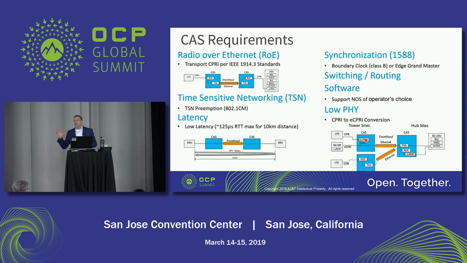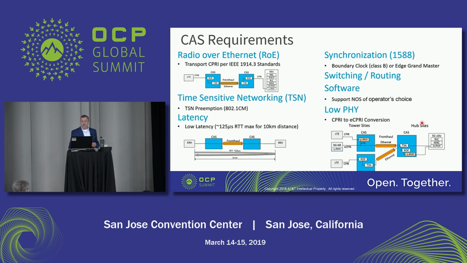Now, bandwidth reduction is great, but one of the other benefits that we see of doing the lo-fi, it allows us to consolidate, unify our BBU architecture at our hubbing sites. This will allow us to take a 5G BBU and be able to terminate an LTE radio.